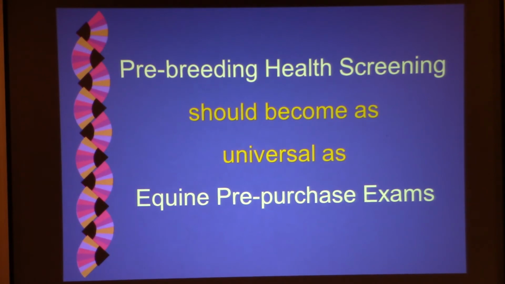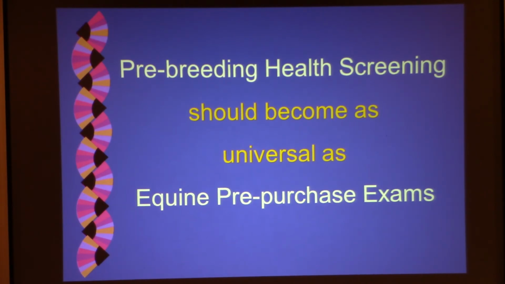If any of you are horse people, you know you're not going to buy a horse without a veterinarian doing a pre-purchase exam, because otherwise there's no way that you know that you're going to be able to utilize that horse or ride that horse for whatever the purpose is that you're purchasing it for. It could have laminitis, it could have navicular disease, it could have any sorts of things. And so that is the paradigm of horse people, that you get a pre-purchase exam.